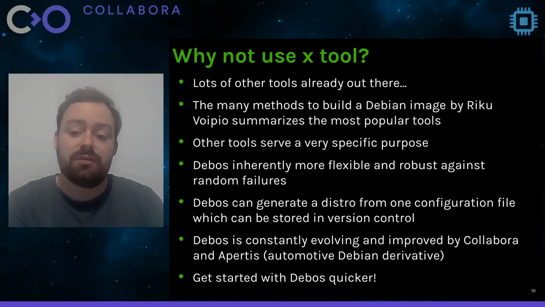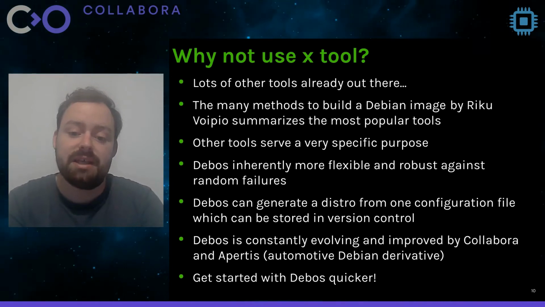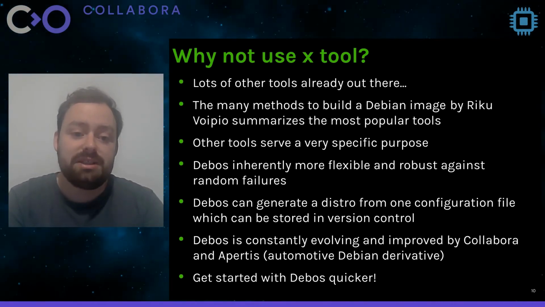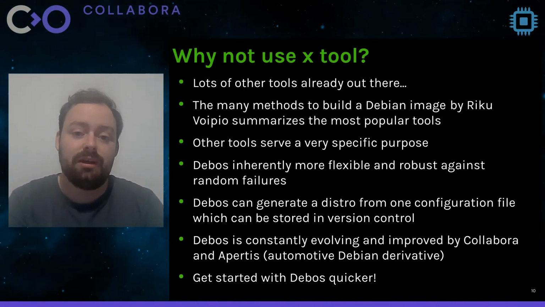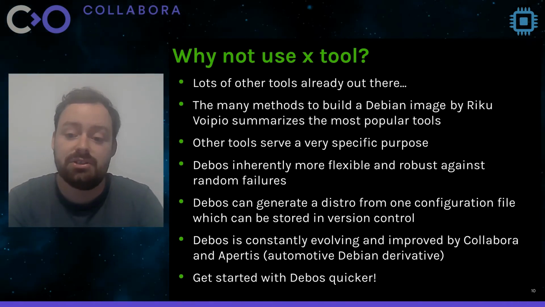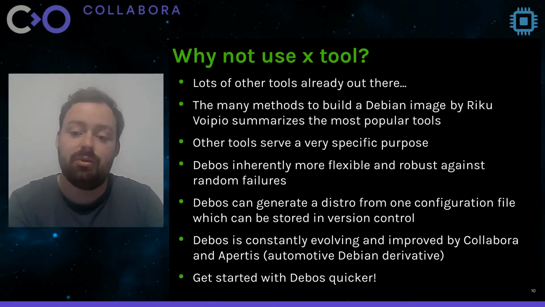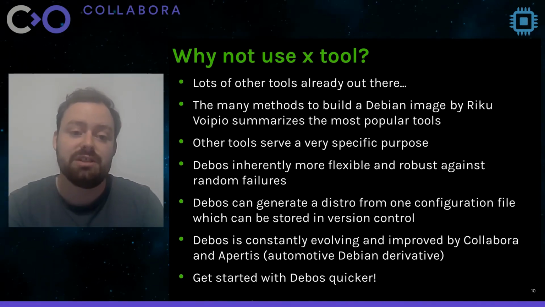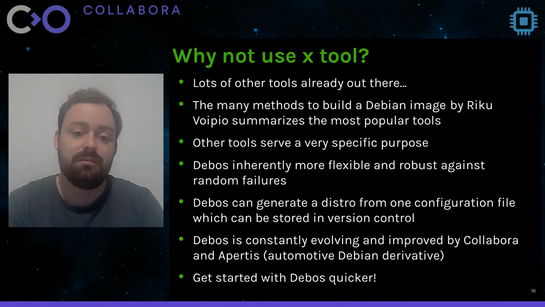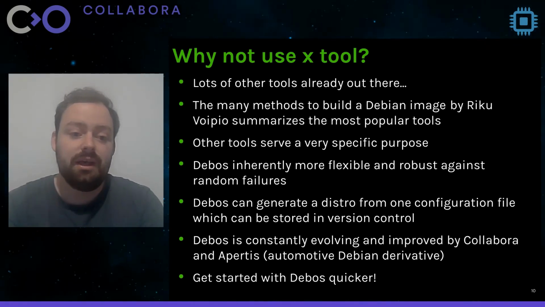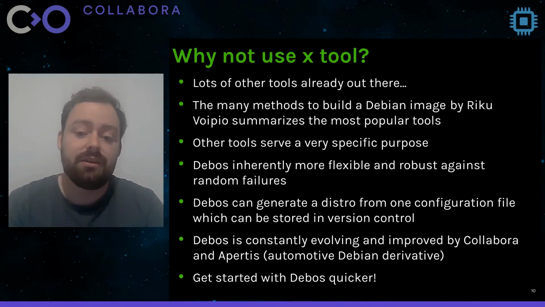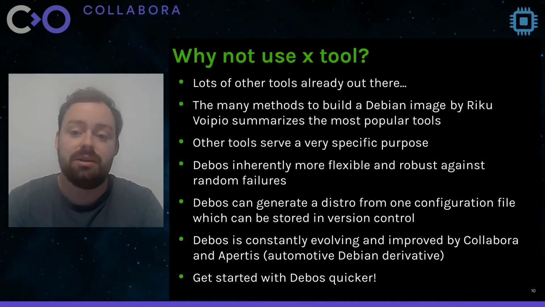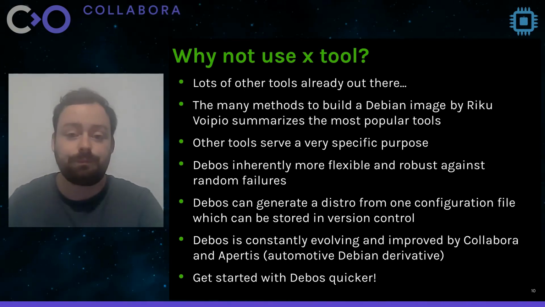Collabora are constantly evolving and improving Debos, and Apertis, which is a project by Collabora and Bosch, is continuously evolving Debos as well, because Apertis use Debos to generate the images for their boards, so that's very good. Basically, I think you're going to get started with Debos quicker than some of these other tools as well.